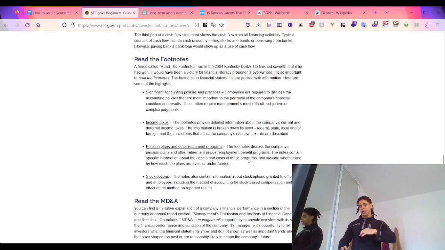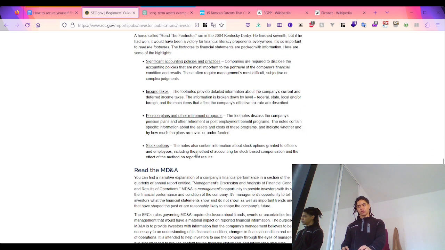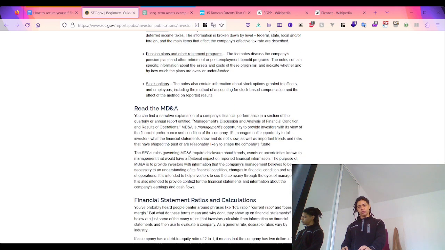The notes contain specific information about the assets and cost of these programs and indicate whether and how much the plans are over- or underfunded, as well as the stock options. The note also contains information about stock options granted to officers and employees, including the method of accounting for stock-based compensation and the effect of the method on reported results.